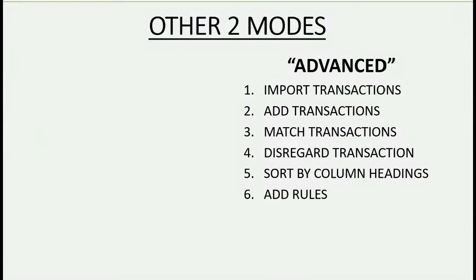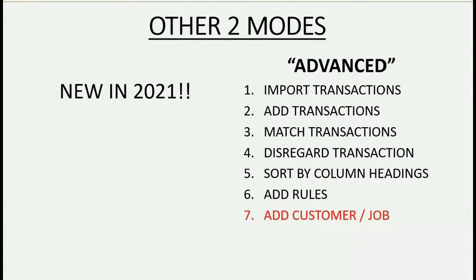But Advanced Mode has additional functionality that they added after 2021. If you open it in Advanced Mode, you will see that you're also able to add to every recorded transaction a field for customer or job. You can even add class to a transaction before you record it.